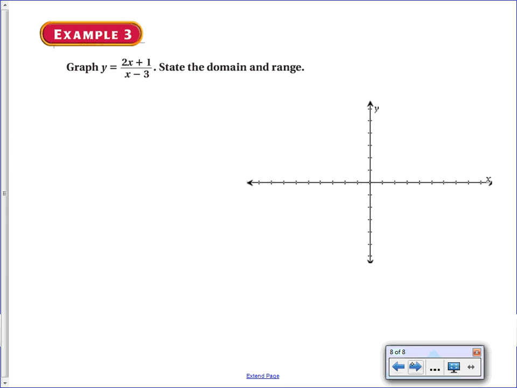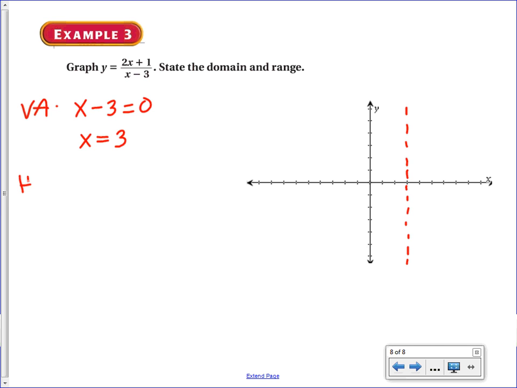So I notice I have x on top and bottom, which means I can't use h and k, but I still need to get my asymptotes on there first. My vertical asymptote is going to be located at... I need to set the denominator of the fraction equal to 0 and solve it. So x equals 3 is where my vertical asymptote is going to be. I'm going to put it right on the graph now that I know where it is.